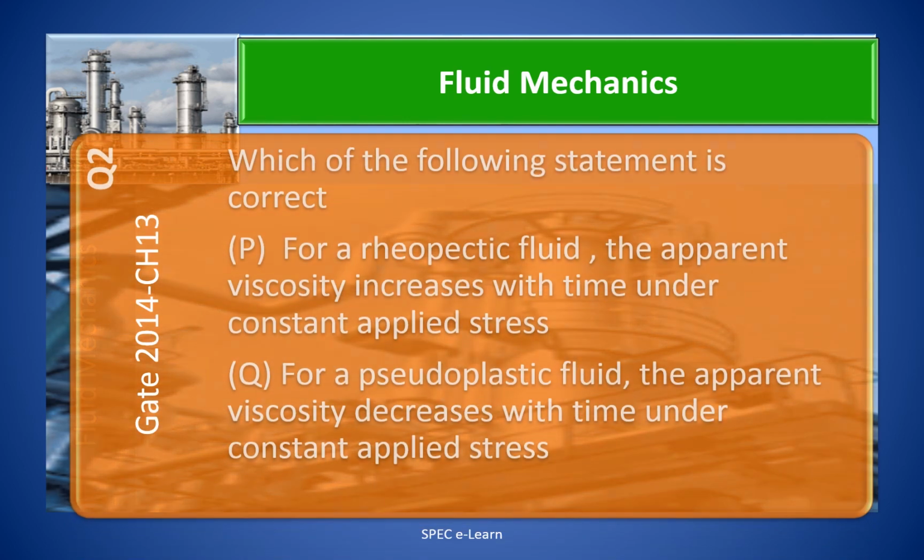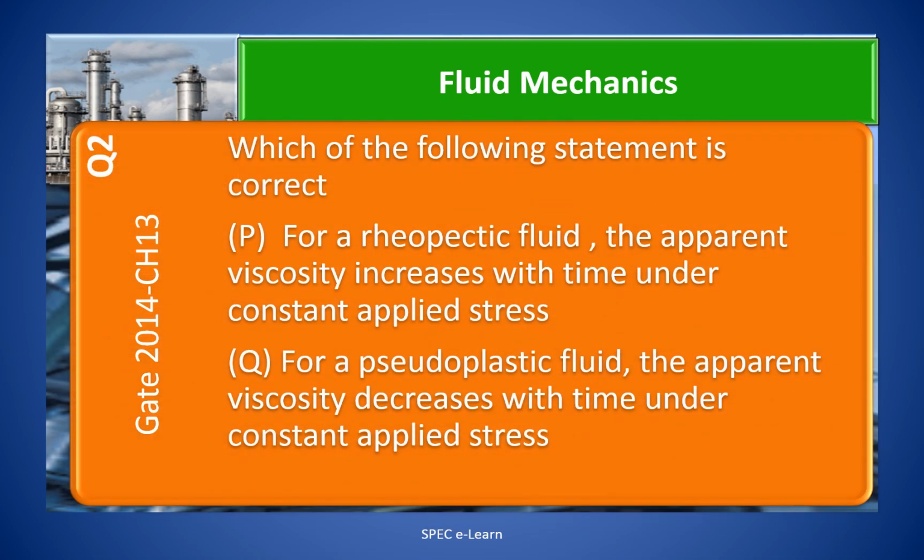GATE 2014 question number 13. Which of the following statements is correct? P. For rheopectic fluid, the apparent viscosity increases with time under constant applied stress. Q. For a pseudoplastic fluid, the apparent viscosity decreases with time under constant applied stress.